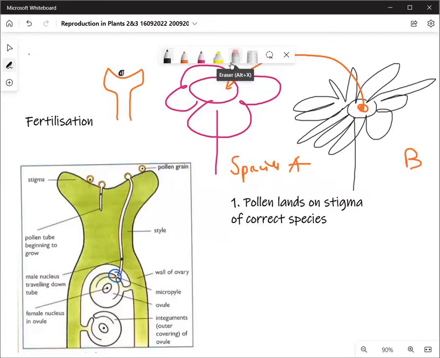Also, the enzymes. You need the specific enzymes. Okay, so I'll write over here.